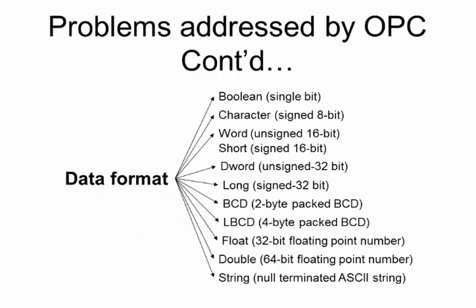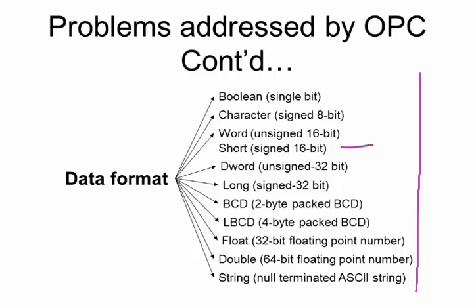The other problem, if you cast your mind back to things like the Modbus standard, which only understands 16-bit integers, is that there are a lot of different data formats out there. One of the other things OPC sought to address was to allow systems to communicate all of these different formats across the communications infrastructure, and have both ends understand what was being provided and how it was configured, so they knew what to do with it when it arrived at the other end.